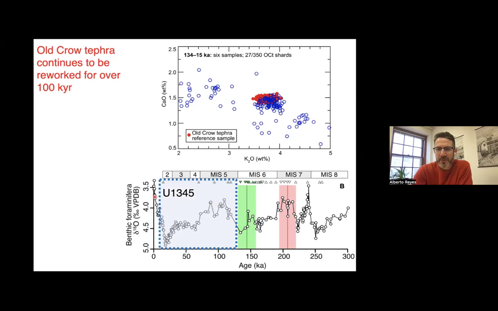And then we also looked at a bunch of samples for the 100 or so thousand years after the last interglaciation, or after the supposed deposition of the tephra. And just like we would have suspected from the work in the Chukchi Sea, every one of the samples that spanned this age range had a little bit of Old Crow tephra.